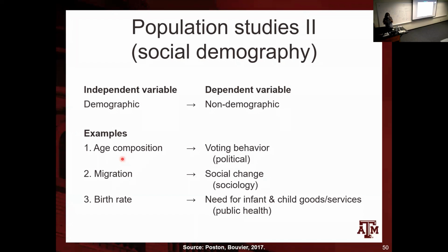So just to show that we can analyze demography within itself, but you can think about all sorts of examples of demography with each one of your majors, right? That's what we are showing here with social demography.